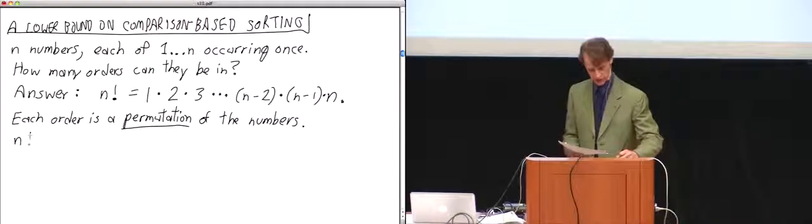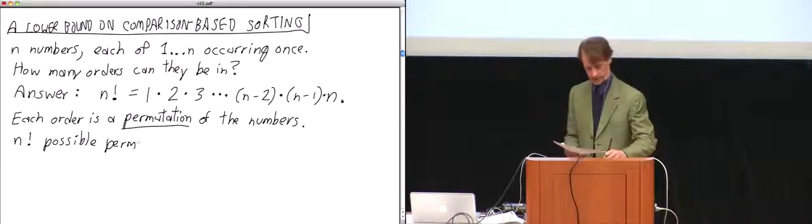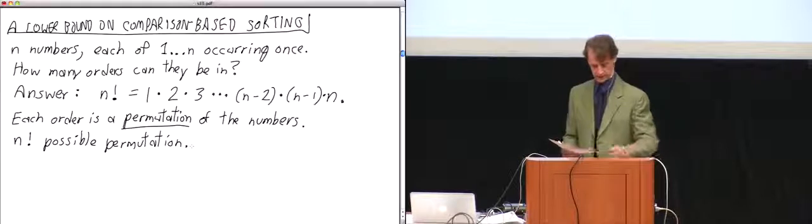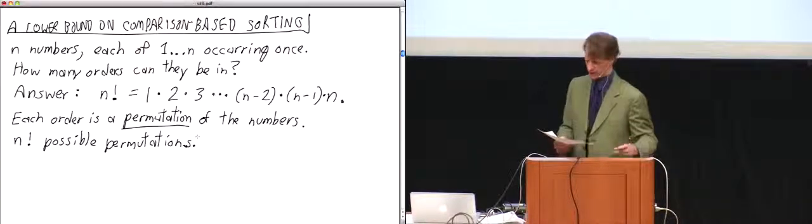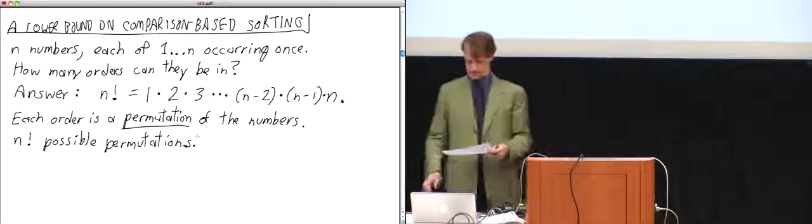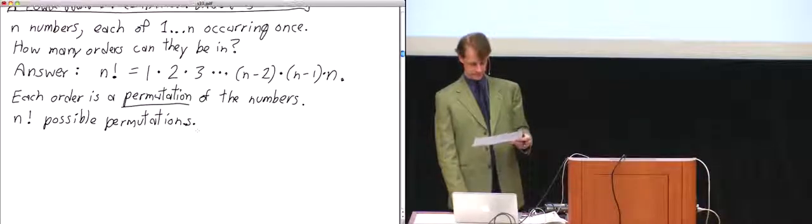There are n factorial possible permutations. And by the way, for homework 9, you're going to be asked to randomly create a permutation of n numbers for the purposes of making a random maze.